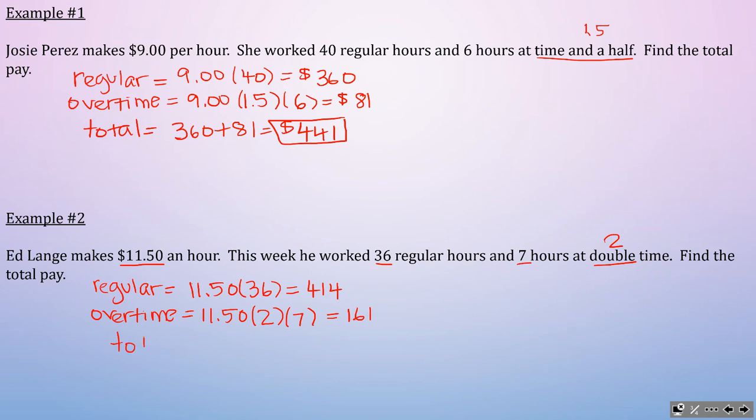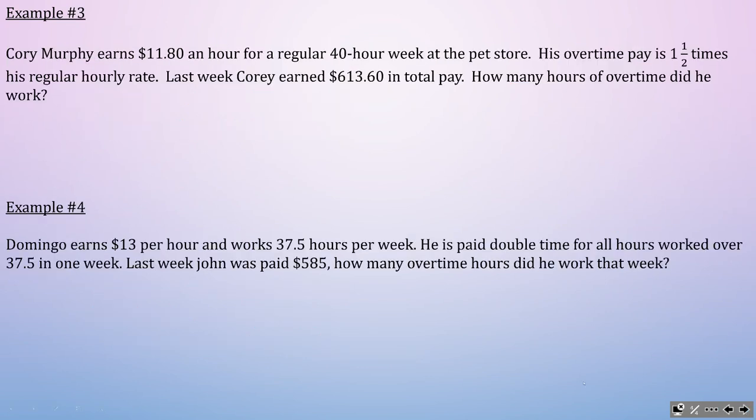Then to find the total, I'm just going to take those two numbers, 414 and 161, add them together, and I'm going to get a grand total of $575. Very good. All right, let's go on to the next slide.